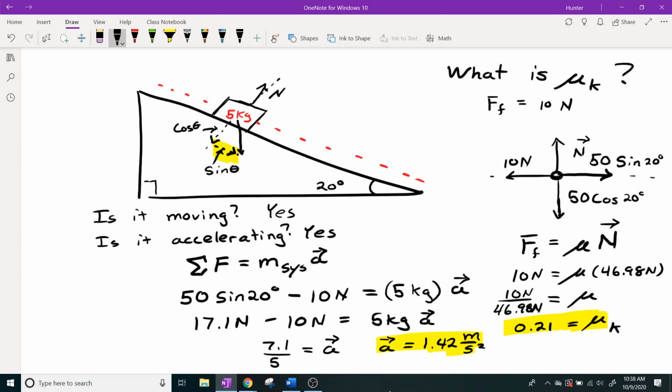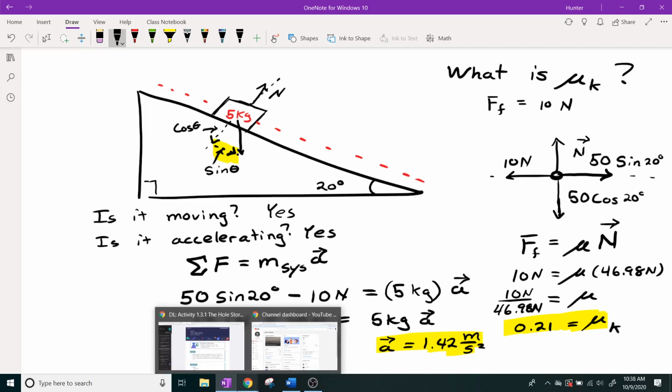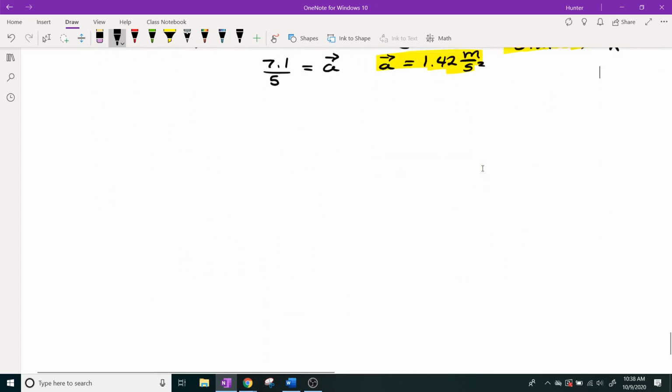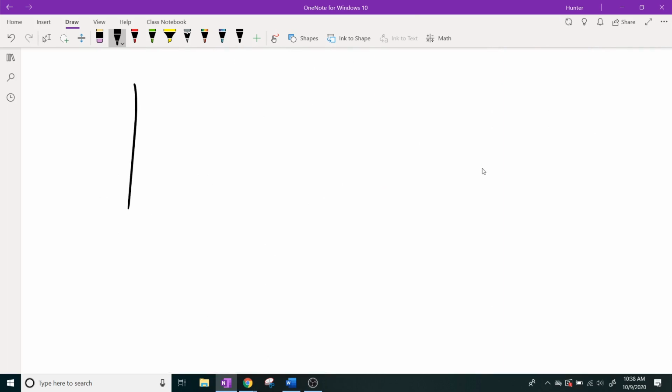Now let's switch gears and go to a case where it's the same thing, but it's not moving. So the acceleration is non-existent. Let's make an incline real quick, with the same mass, same angle, same everything.